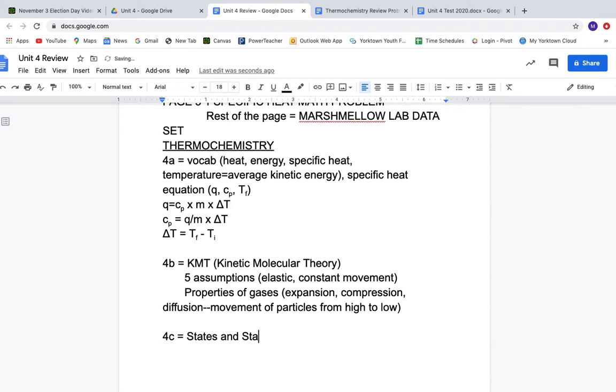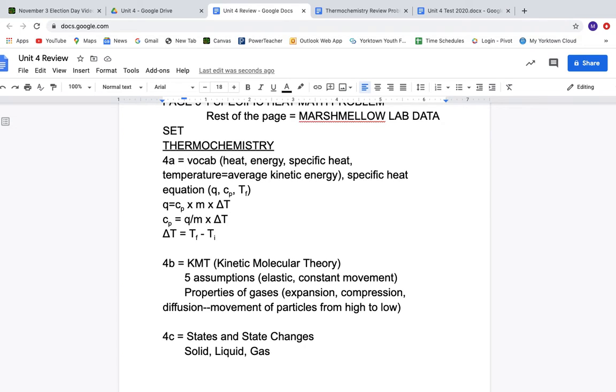4C. States and state changes. So, you have to be able to define the difference between a solid, a liquid, and a gas. Now we know solids are definite volume and definite shape. Liquids are indefinite shape and definite volume.